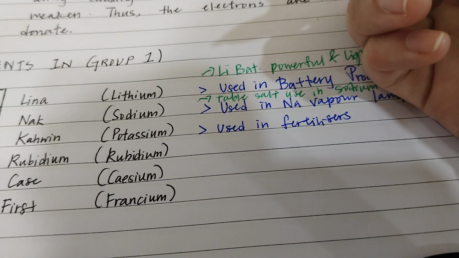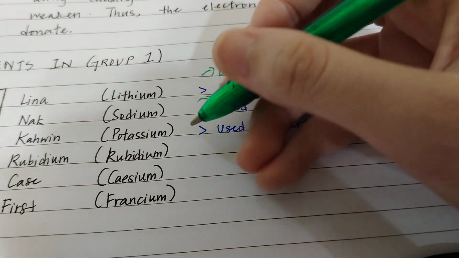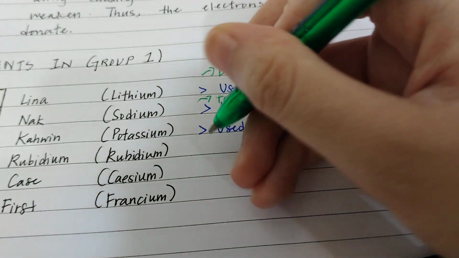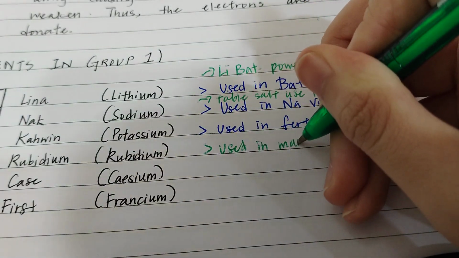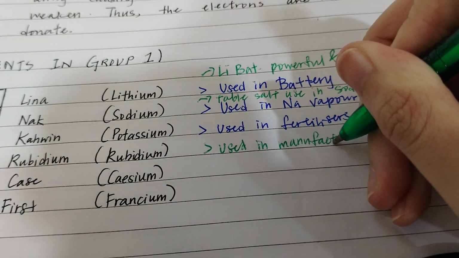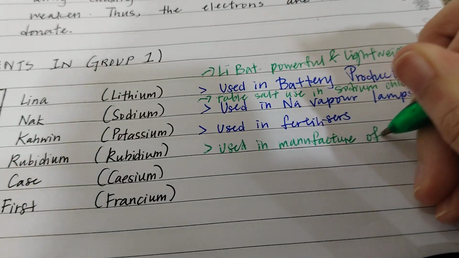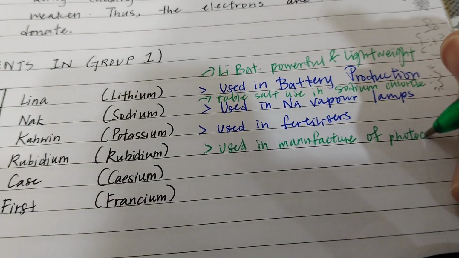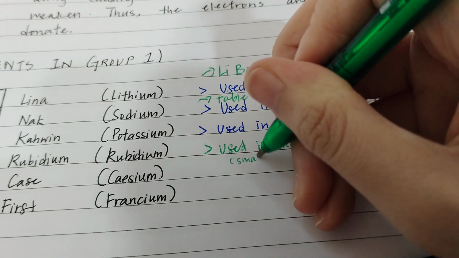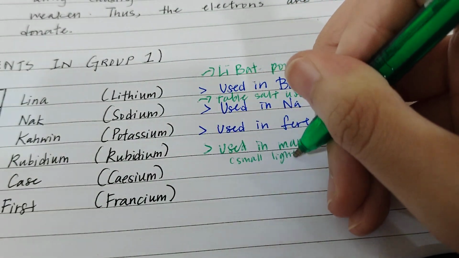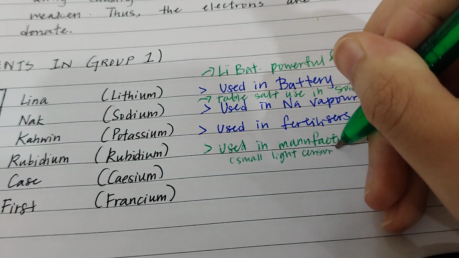So for example, caesium with rubidium. Is there anything for rubidium? Used in the manufacture of photocells. It's a small light sensor.